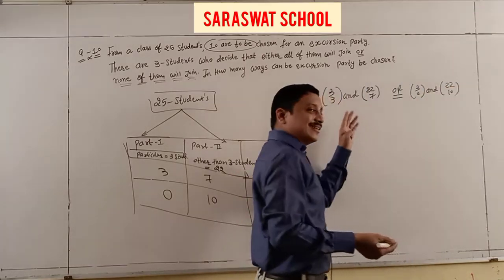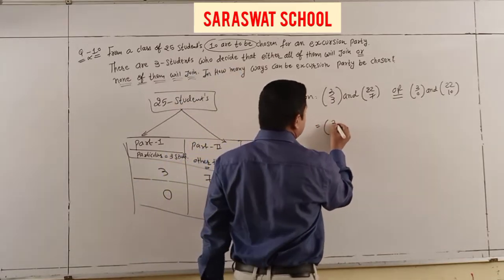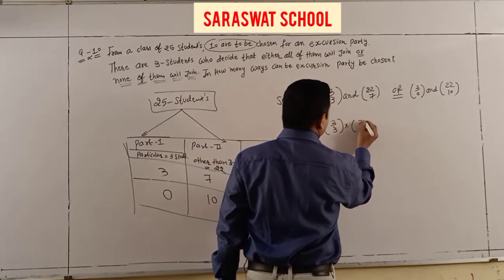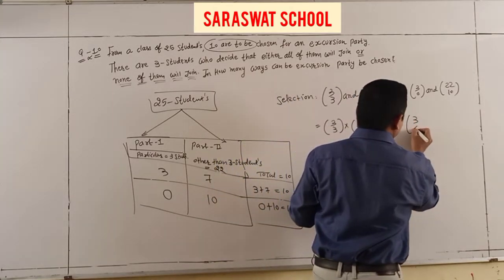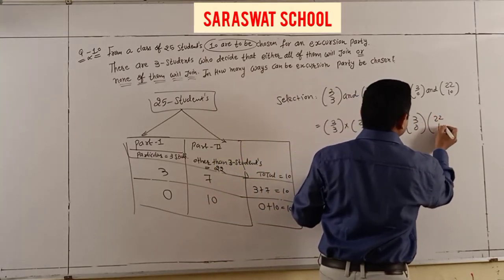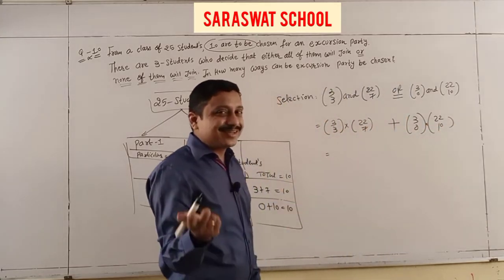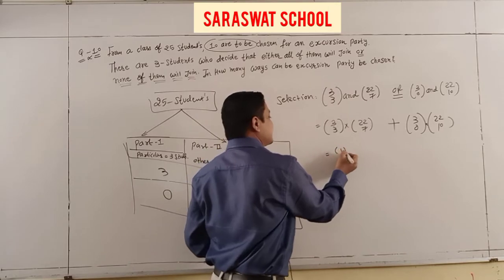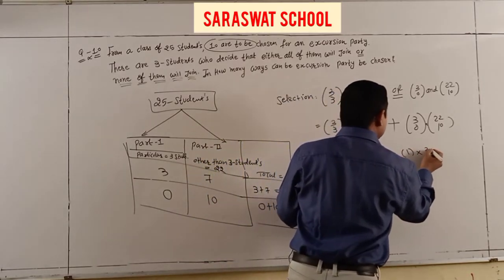So students, either this is true or that is true. Now my answer is 3C3 into 22C7 plus 3C0 into 22C10, here multiplied. 3C3 is 1, and that is the same 22C7 plus 1 into 22C10.